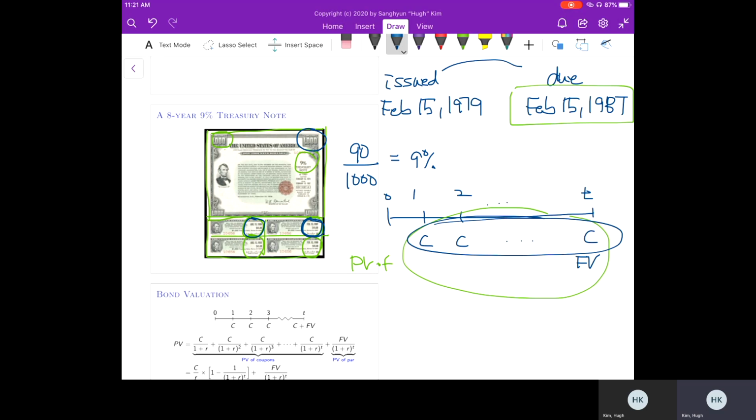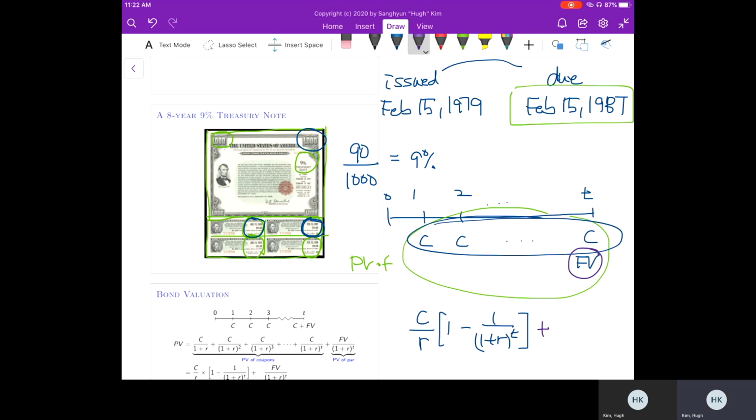So the present value of these coupons is simply the present value of an annuity: C over R times 1 minus 1 over 1 plus R to the T. And then there's the principal payment, or lump sum payment, at the end of the term.